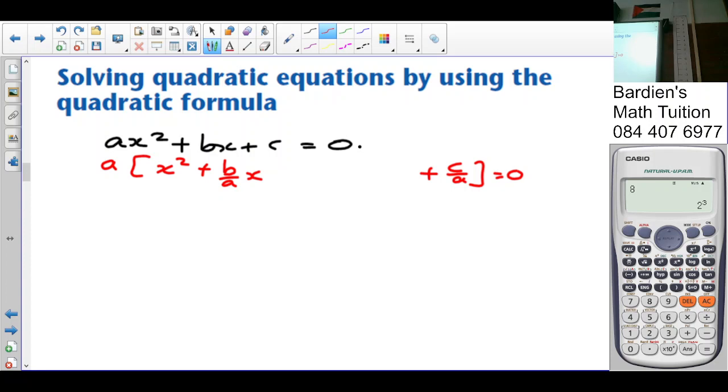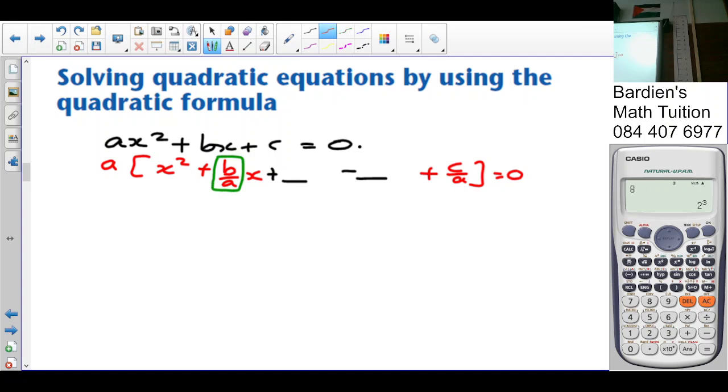So the question is, what must be added to complete the square? How do we work out that number? It's going to be b times a half, squared. So what is b in this case? b over a.